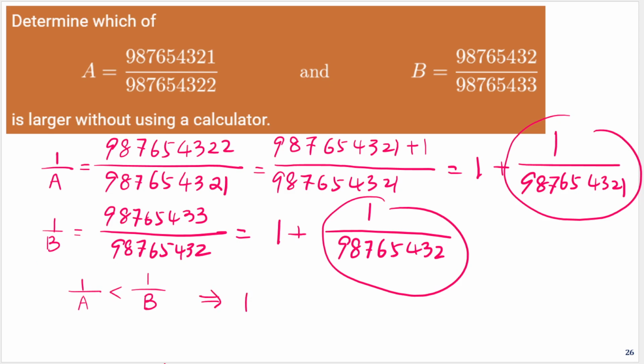Then we have B smaller than A. We don't change the direction of the inequality sign, right? So A is larger than B. And this tells us that some pairs of numbers can be most easily compared by considering the reciprocals of the numbers rather than the irrational numbers. Did you get it?